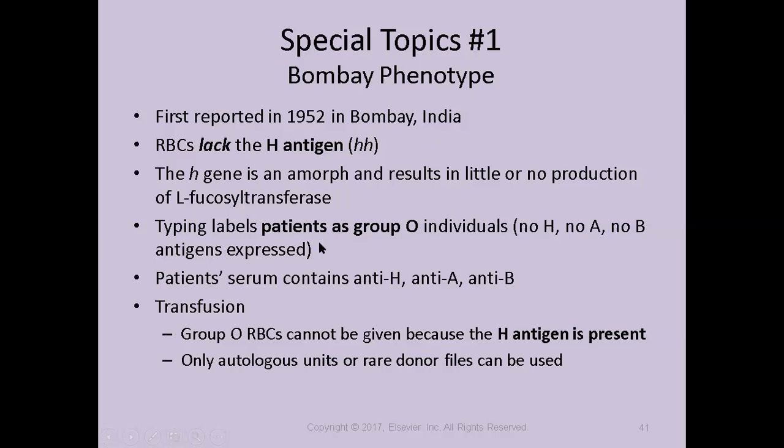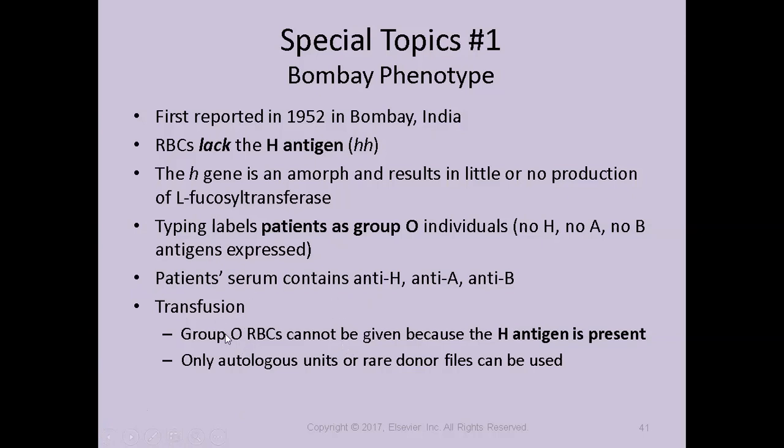How do we know something's wrong? They have an antibody against big H, and they have anti-A and anti-B as well. But this antibody against big H would only be in someone who lacks big H. Okay? So this has serious implications for these individuals with regard to transfusion.